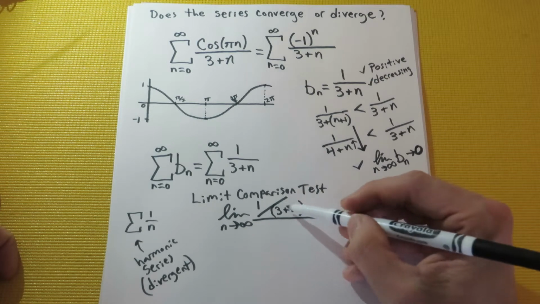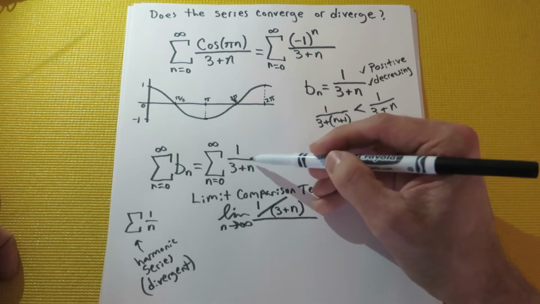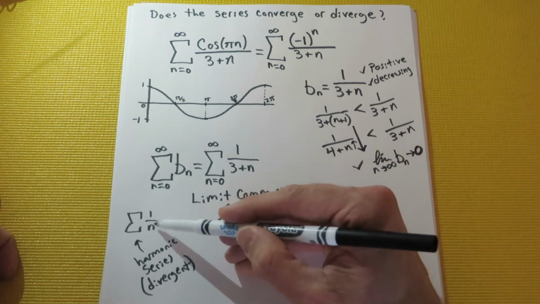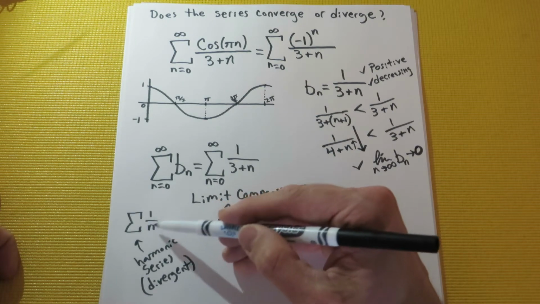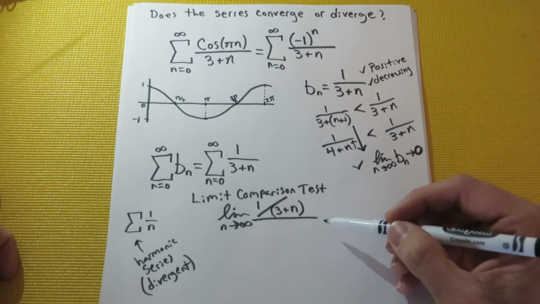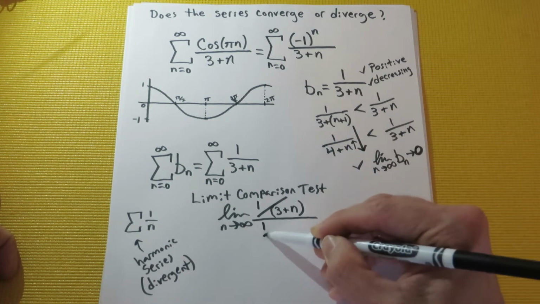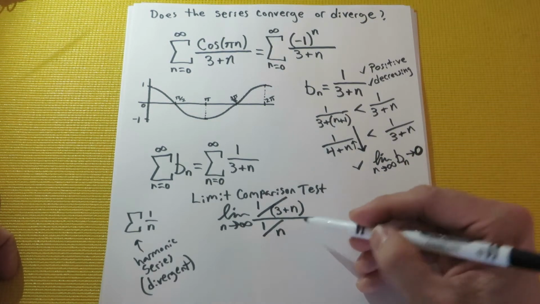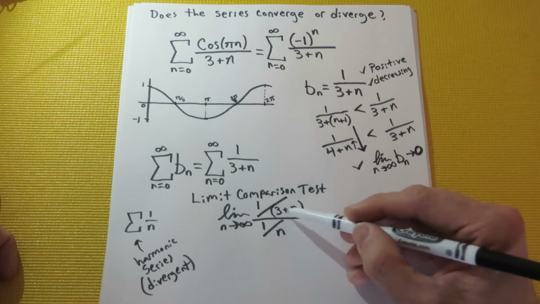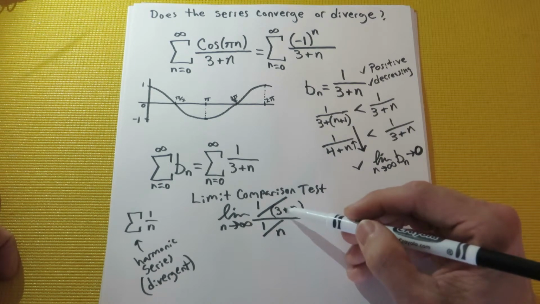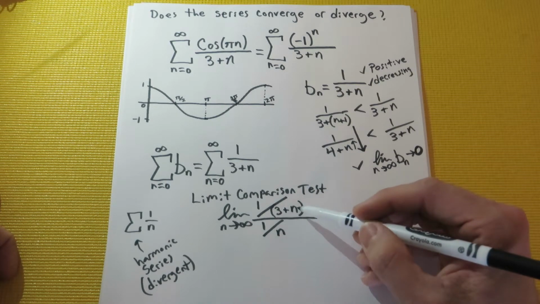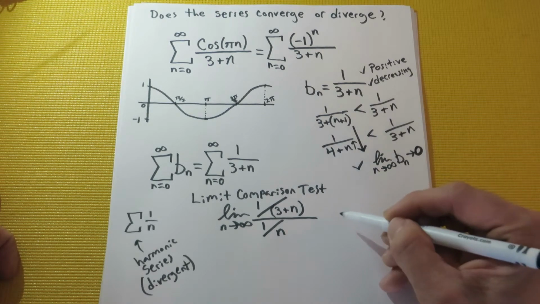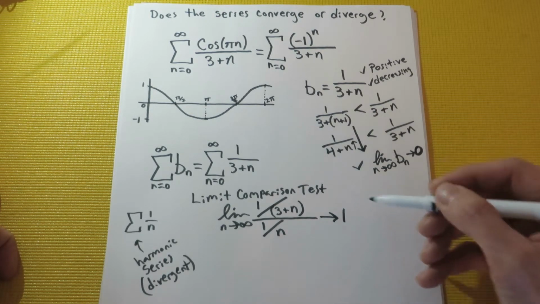The limit as n approaches infinity of this, our b sub n, over this a sub n of our harmonic series here. Well, as n approaches infinity, this 3 is going to become increasingly insignificant, and this whole thing is just going to go to 1.